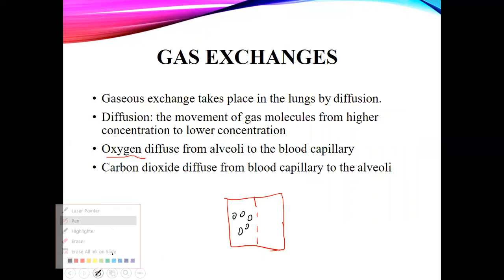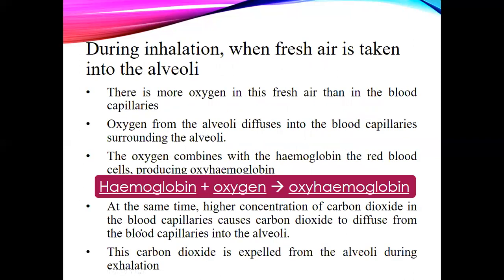And on the other side, you've got only 2. What's going to happen is there will be a movement of gas particles from here to here, and you're not going to have 5 here anymore. So now you've got 4 and 4. Now you've got balance. This is the exact thing that makes it easy for you to exchange gases in the lungs and the alveoli.